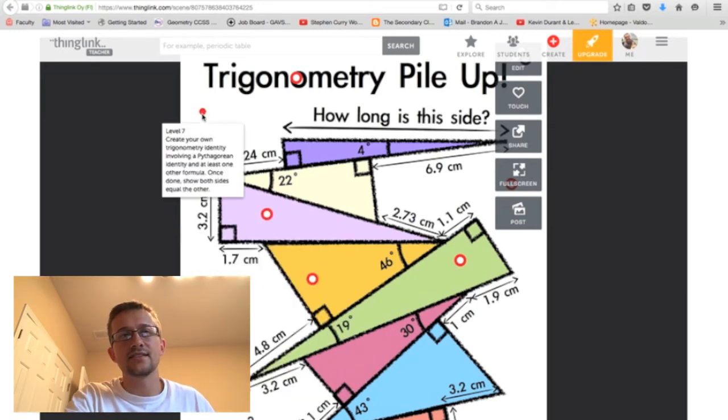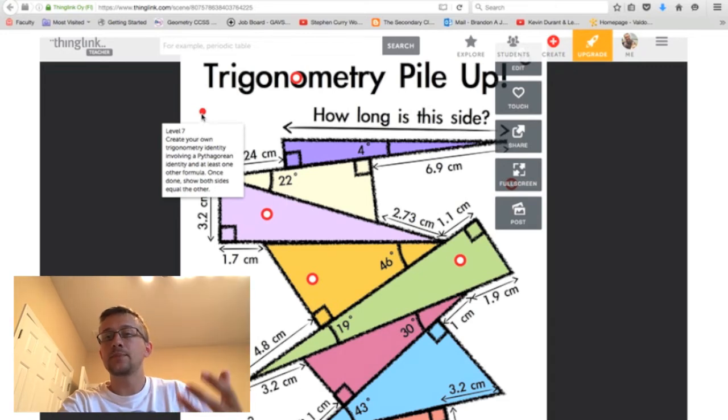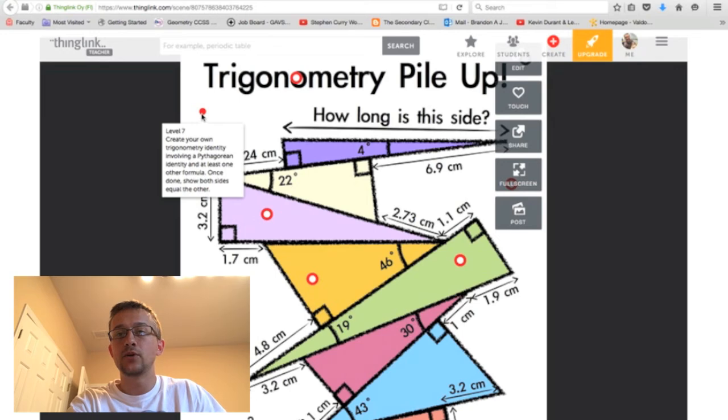So for instance, on this left side, underneath the T, it says level 7 is to create your own trigonometry identity involving a Pythagorean identity and at least one other formula. And then once done, show both sides that they're equal to each other. You'll take a picture of that within your collaborative group and post that to the class website. Again, since there's 7 levels, you'll post 7 different images or videos.